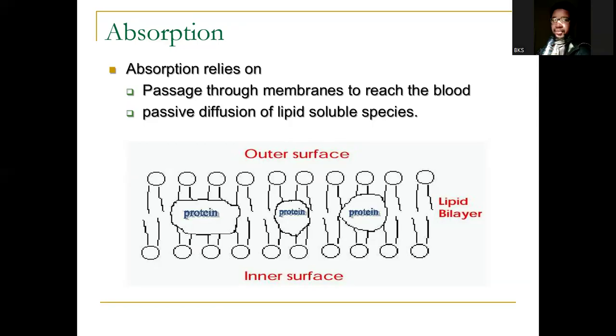We are talking about the absorption, and we did mention that absorption of these xenobiotics depends on the route of exposure. And we basically mentioned some routes of exposure, most especially in the case of drugs. We can have drugs that are meant to be taken orally.